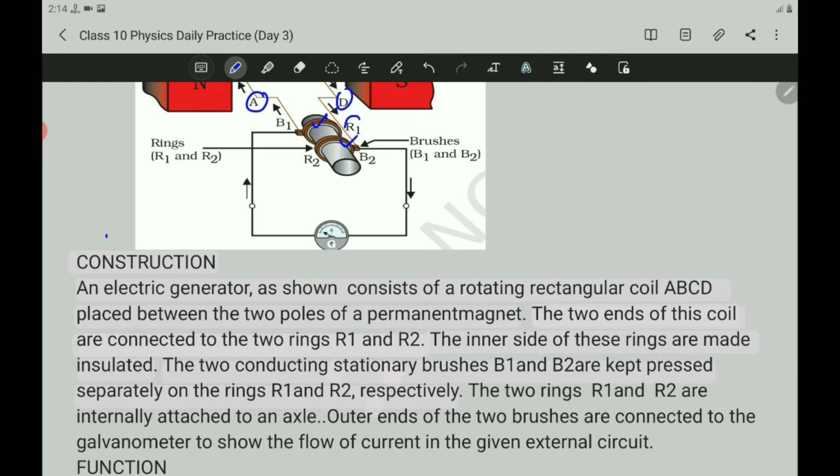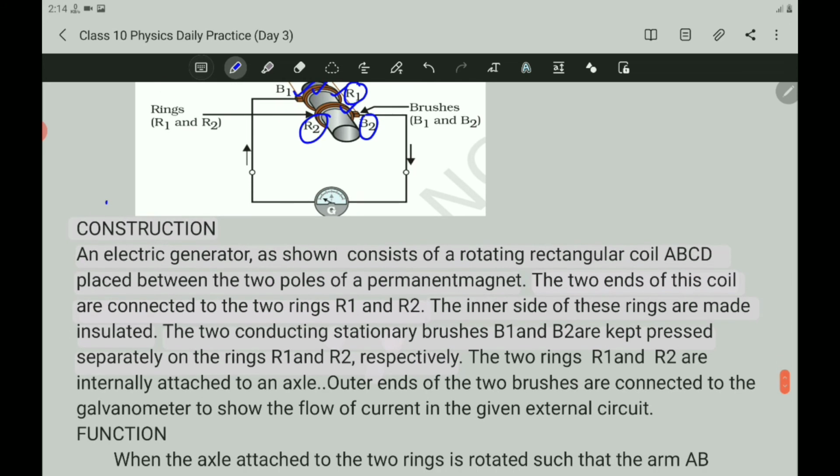Here R1 is connected with B1 and R2 is connected with B2. And the two rings R1 and R2 are internally attached to an axle.